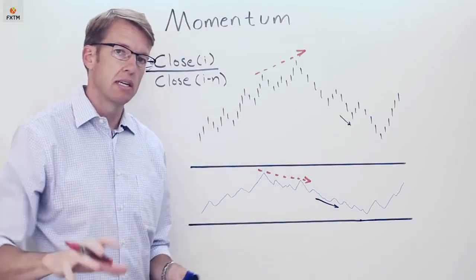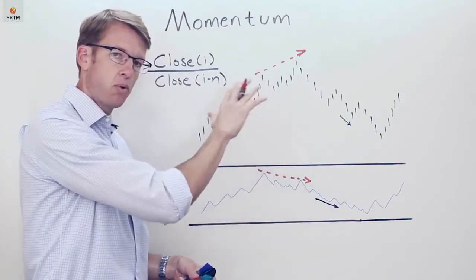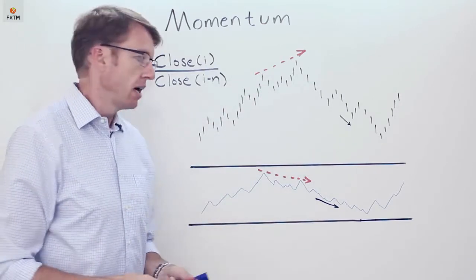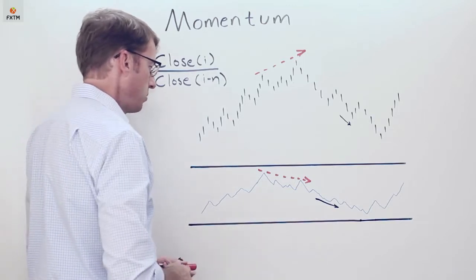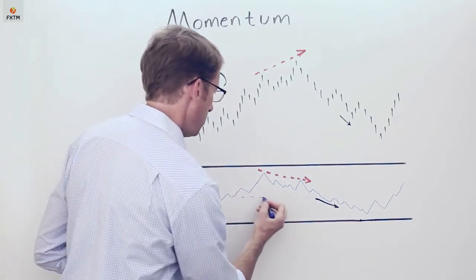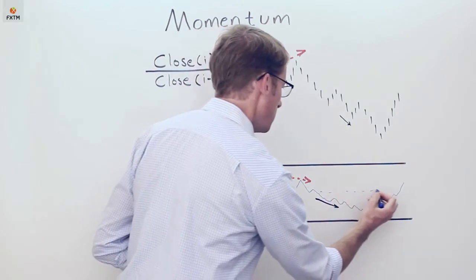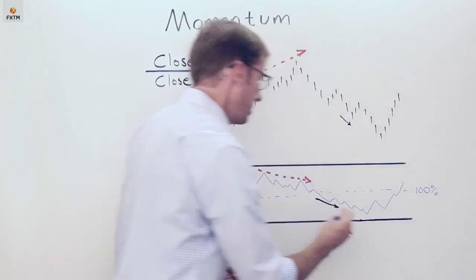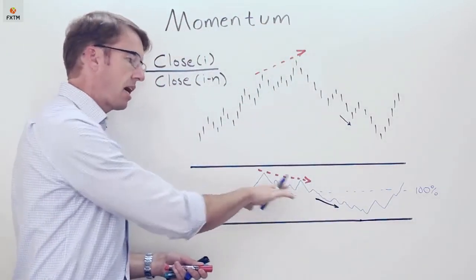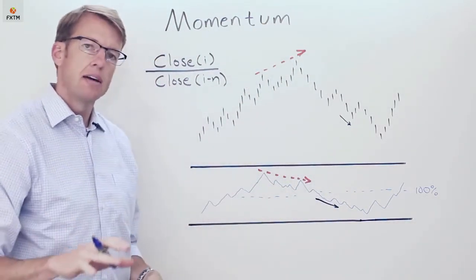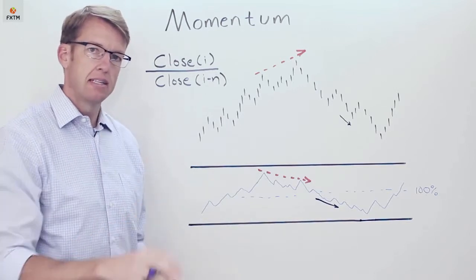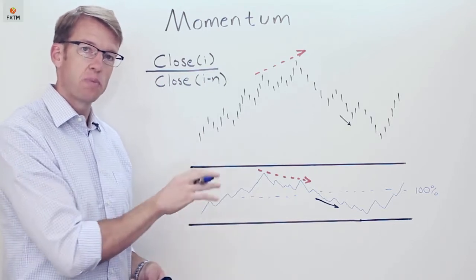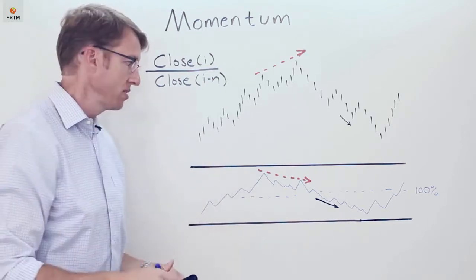So what it's telling us is that yes, it looks like the price is making gains, but in fact momentum is beginning to wane. Now the momentum oscillator does have a midpoint that runs through the middle of its range, and that's 100. What that means is that anytime the oscillator is exactly in the middle, the close price today is the same as, or 100% of, the close price N periods ago, or 14 periods ago.